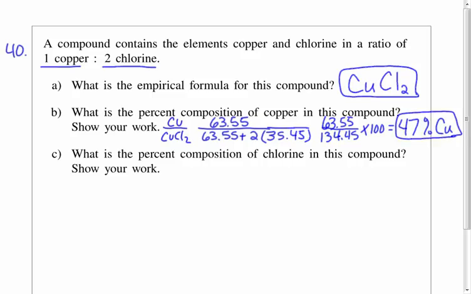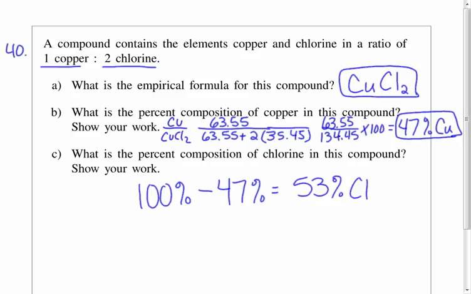So if the copper makes up 47% of it, all the rest of it is going to be chlorine, so just 100% minus 47% gives us 53% chlorine.